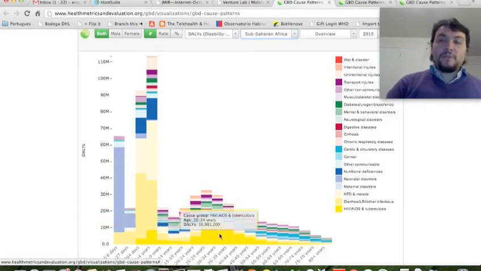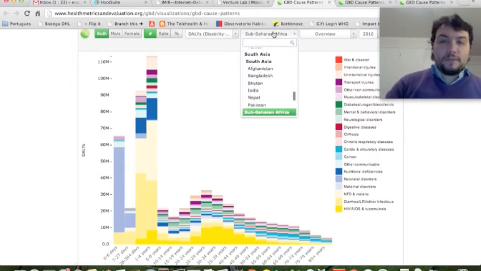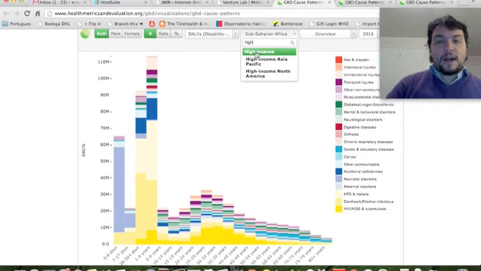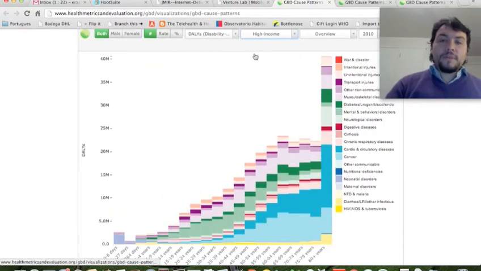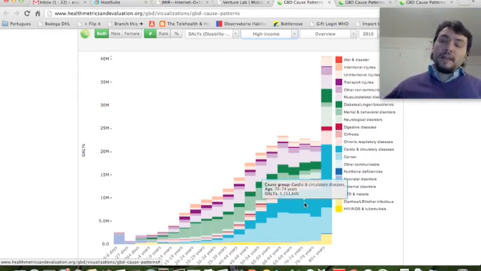HIV, tuberculosis, and other infectious diseases take a large toll of middle-aged adults. However, if we see the situation in high-income countries, you'll see that the burden of disease is concentrated on chronic diseases and their impact is later in life.